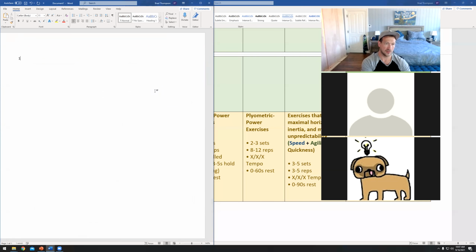65 pounds, right? So what I would do if I were doing a superset here, I would bench press plus bench press.